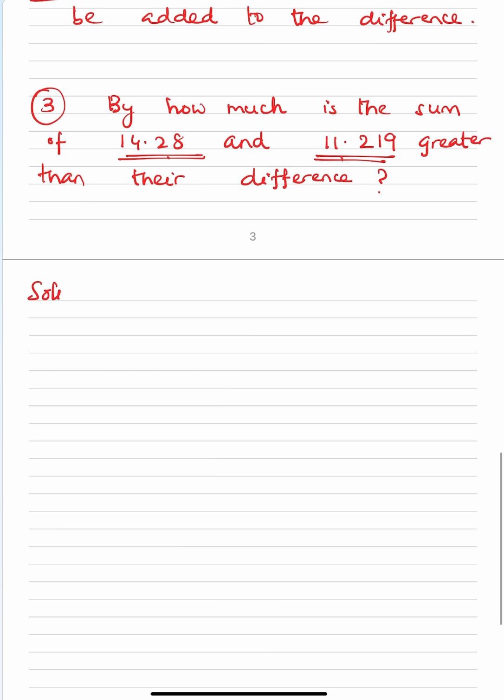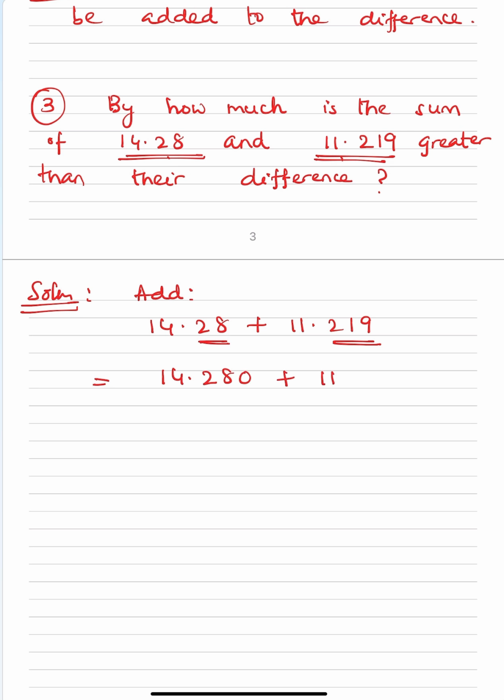So the solution is, let us add them. Now here 14.28 plus 11.219. These are 2 digits, these are 3 digits. So unlike decimals, convert them into like decimals. 14.280 plus 11.219.